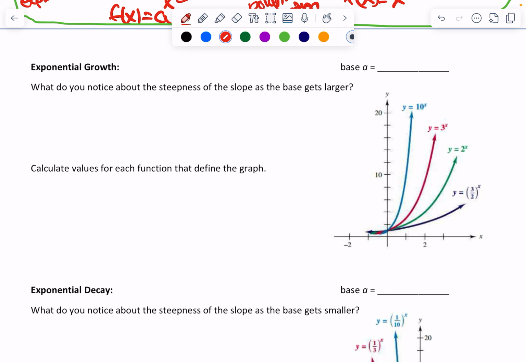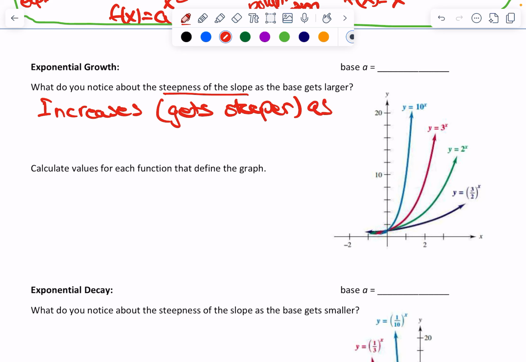As the base gets larger, the steepness of the slope increases. So it increases, or in other words, it gets steeper as the base gets greater.